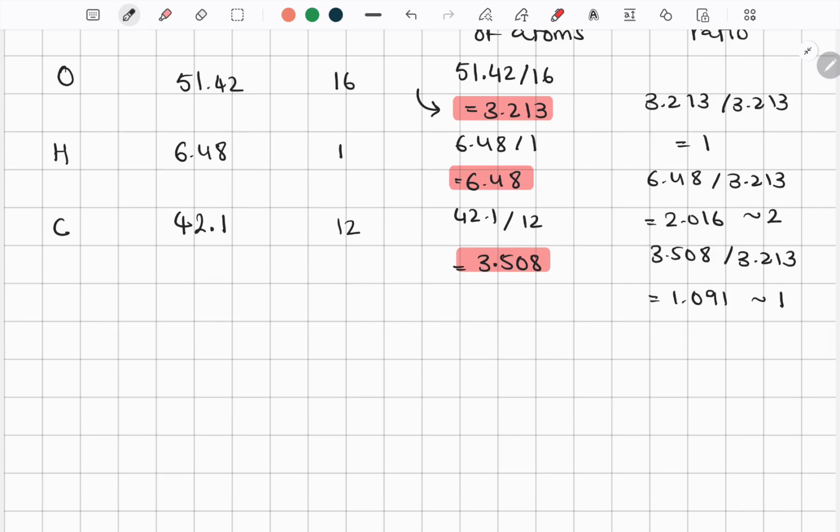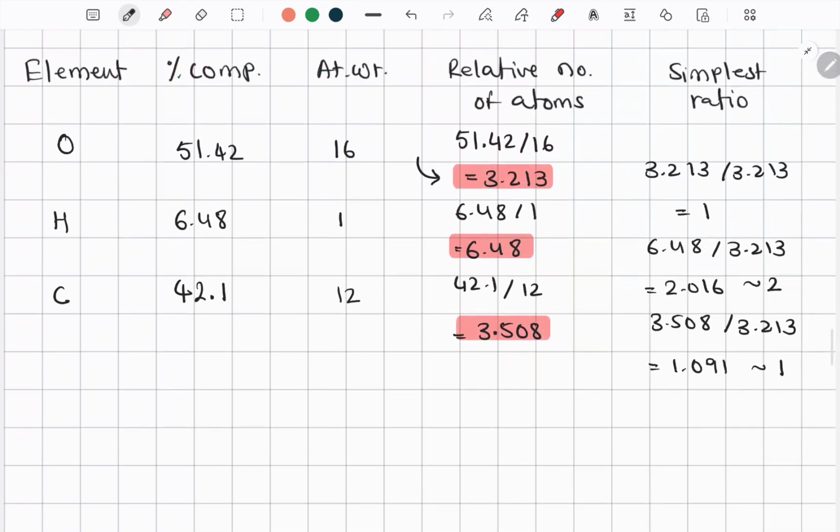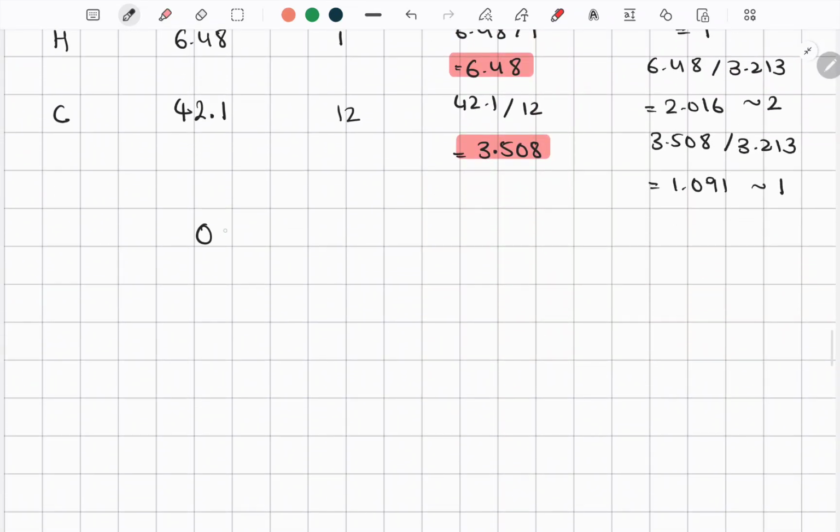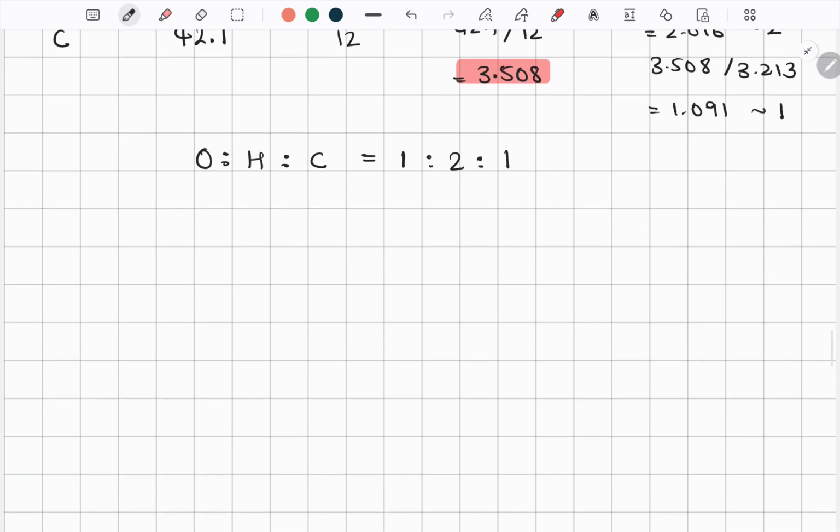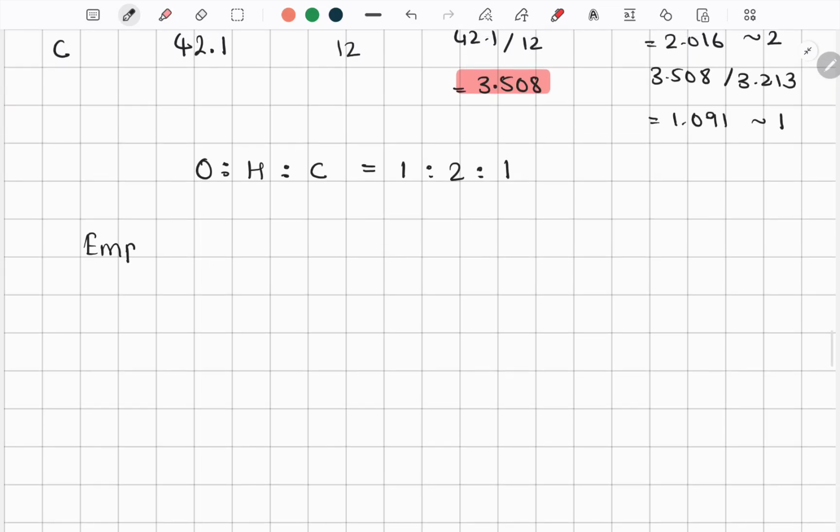So what is the simplest whole number ratio? For oxygen to hydrogen to carbon, it is 1:2:1.